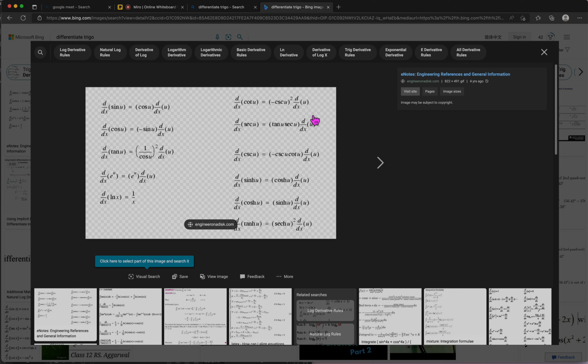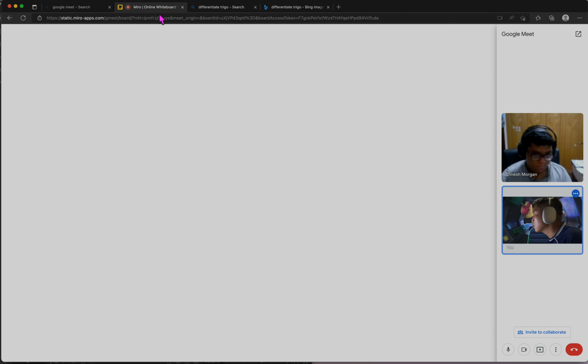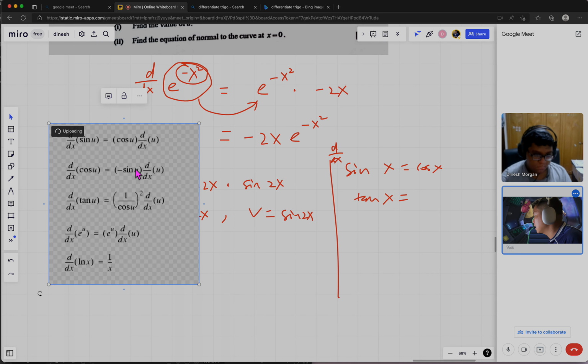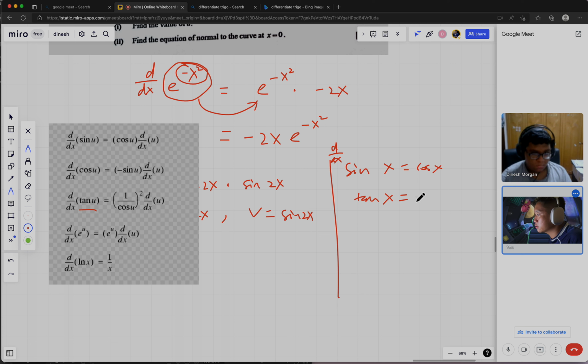I guess this is not an exhaustive list, not complete, but I think it's good enough for our practice here. So we are doing tangent, so yes, secant square x. Oh, I still can recall. Very good.